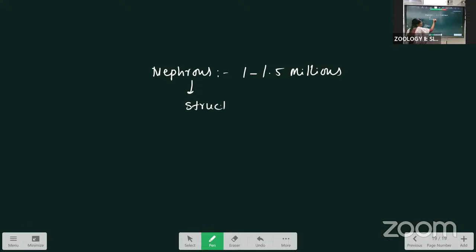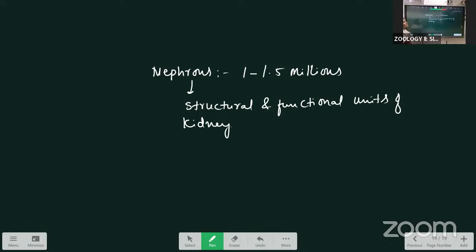Next, what is the structure of the nephron? Now we are going to discuss it with the diagram.